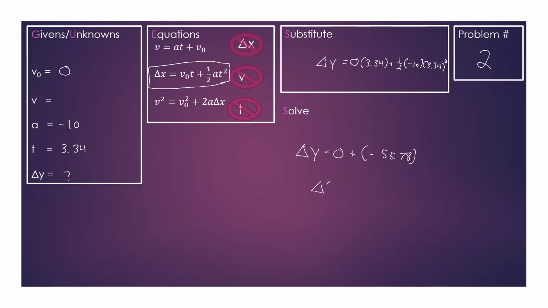That's what delta y is. So the building is 55.78 meters tall because you fell a distance of 55.78 meters. The negative indicates falling.